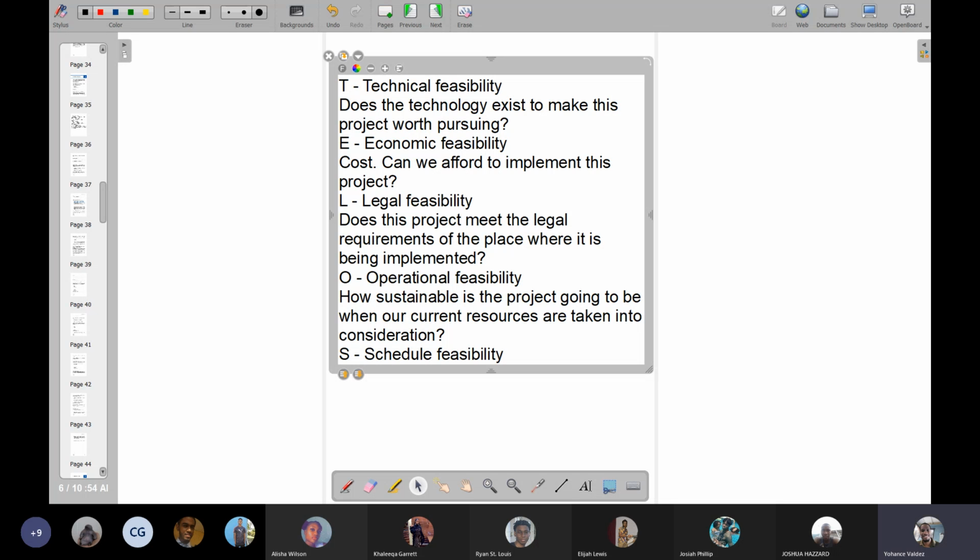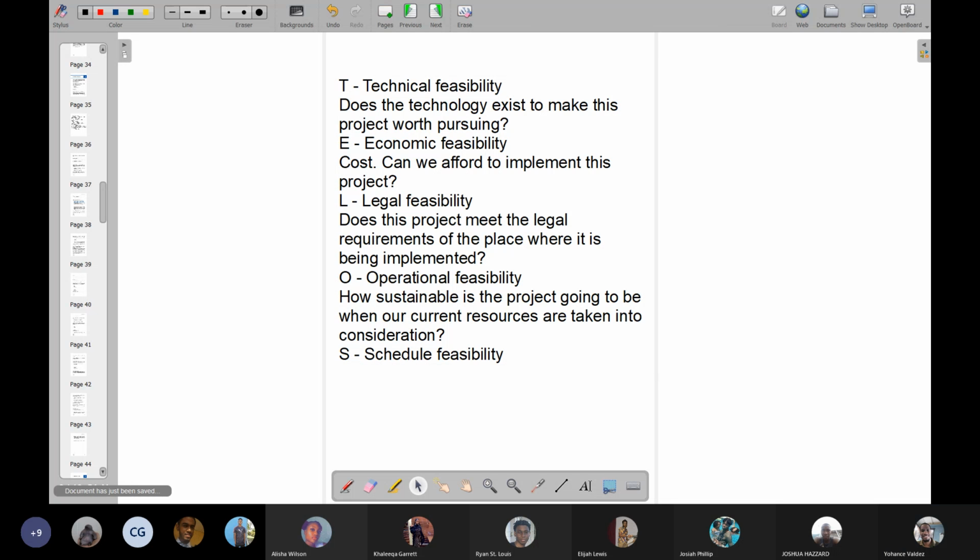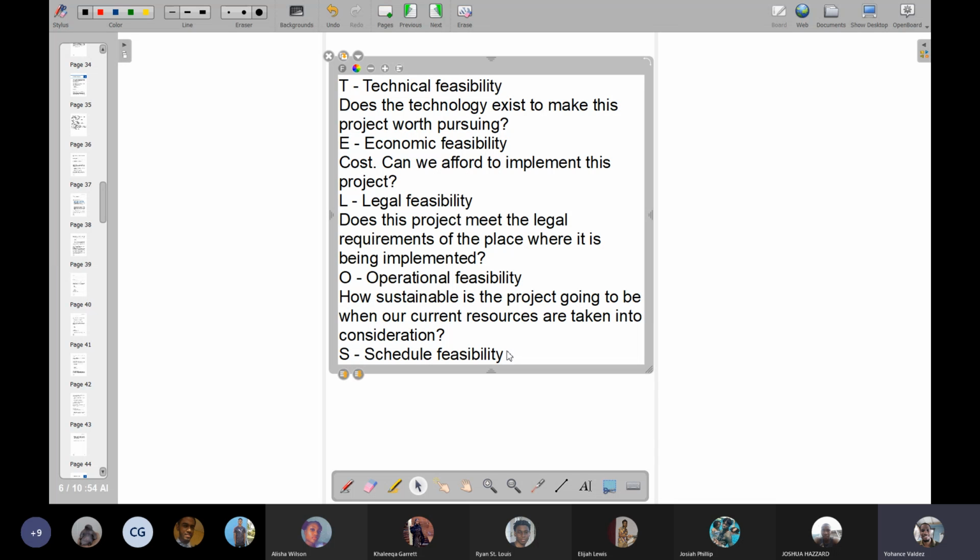So we have schedule feasibility, and schedule feasibility deals with time. It looks at the ability to get this project done. Can this project be finished by the time we need it?